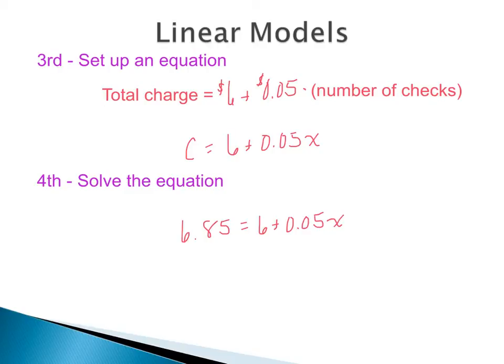So I'm going to move the 6 over, so we have 0.85 equals 0.05x, and then I would divide both sides by 0.05, and we'd be left with 17 equals x, which means that we ended up writing 17 checks during that month.